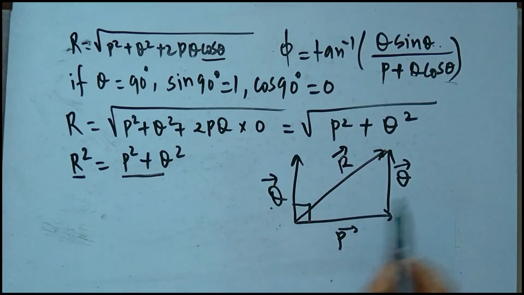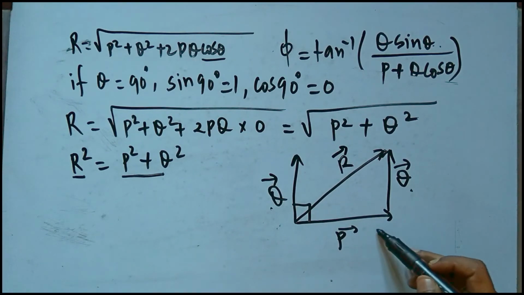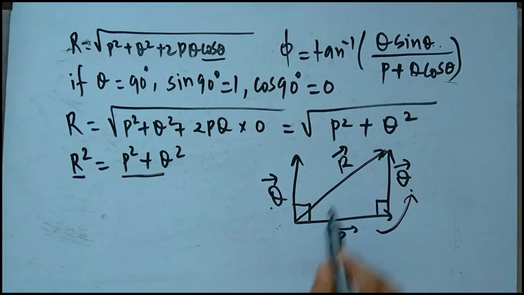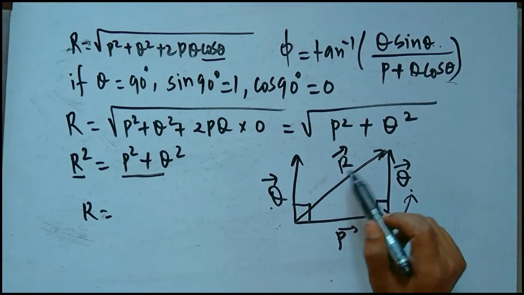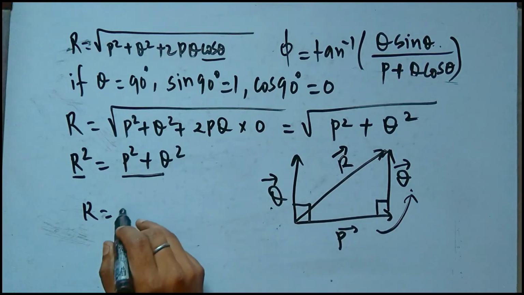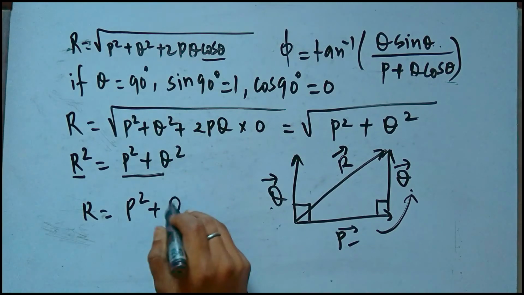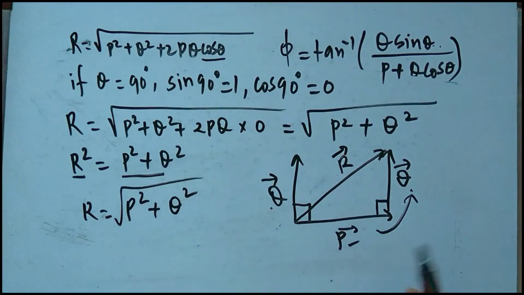We kept this vector here in order to be in the same order. So this is also 90 degree. So we know the magnitude of the resultant is equal to the square root of P square plus Q square, as per the Pythagoras theorem.